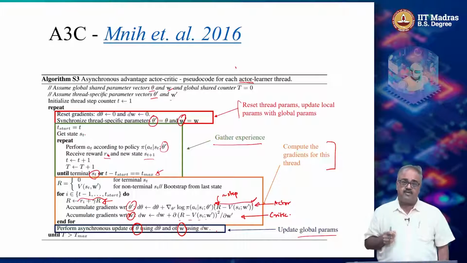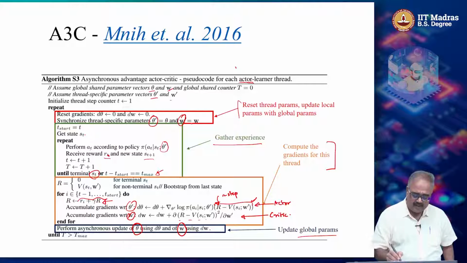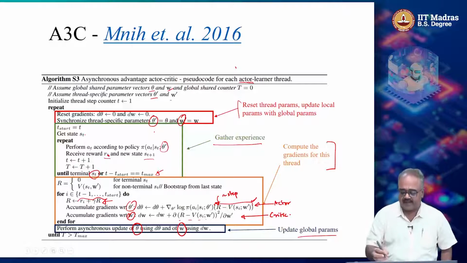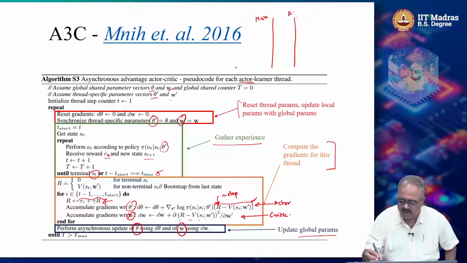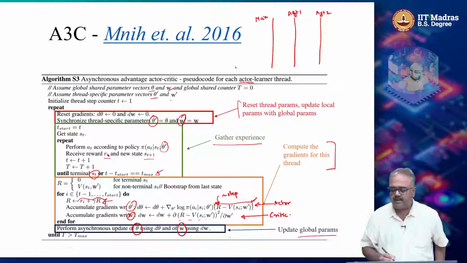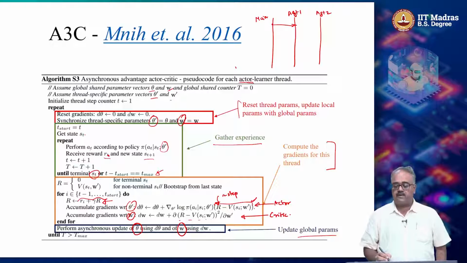So what is the problem with doing it as and when the updates are available? Remember that I am copying my theta and w from some setting. Let us say this is my main server, this is agent 1, this is agent 2. At some time t, I will copy the weights over to agent 1.